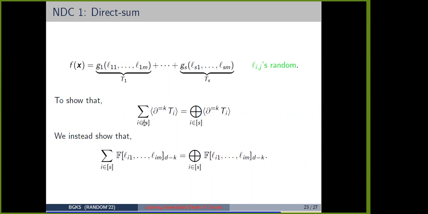And since these Ui's are contained in this bigger vector space, showing that they form a direct sum directly implies that these things form a direct sum. And let's discuss briefly how we show that this is the case.